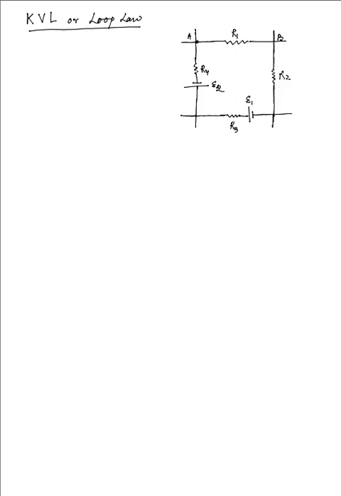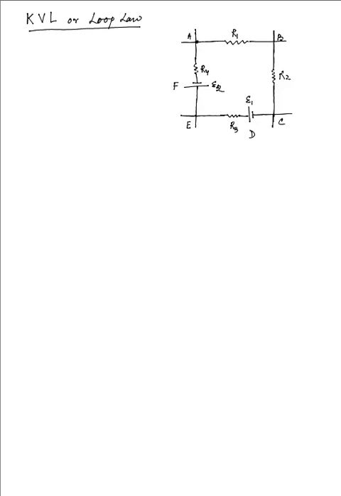So the points A and B, then the third point over here is C. I name another point at the cell as D, while the other point is at the node E, and then I take another point near the cell with EMF E2.